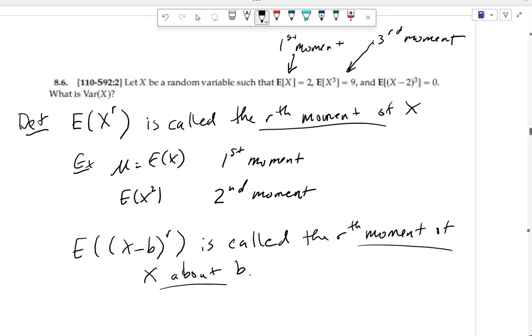One of the things we've talked about is a moment about a number. The variance is the second moment of x about its mean. Because remember, it's expected value of x minus mu quantity squared, right? There's another value that comes out of moments, and that's the idea of skewness.